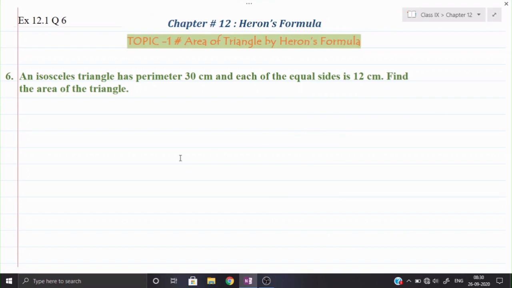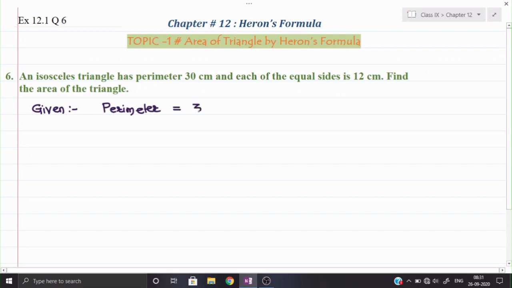In this question it is given that an isosceles triangle has perimeter 30 centimeter. So let me write down first what is given. Perimeter is equal to 30 centimeter, and each of the equal sides is 12 centimeter.